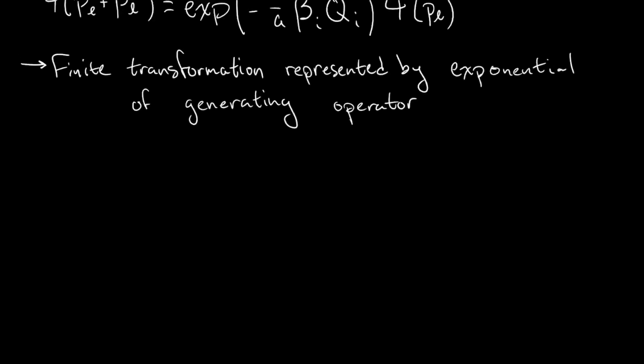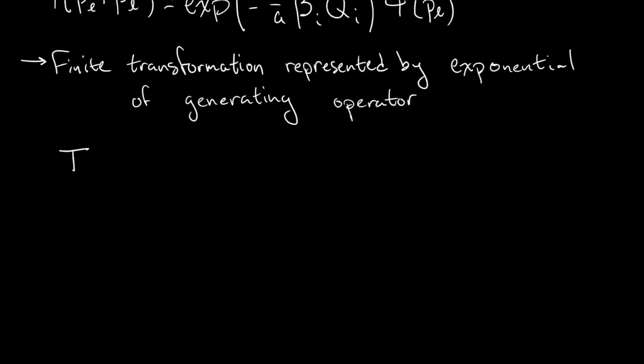For example, if I have some translation operator, I might write this as T, and this is going to be some function of alpha.